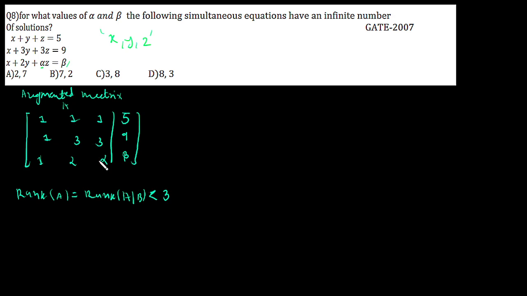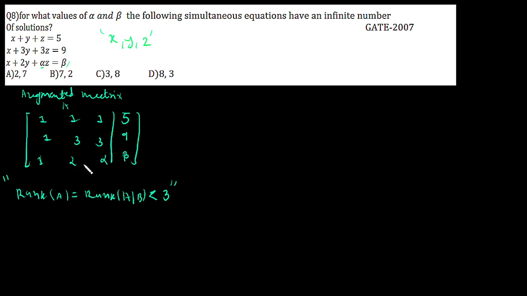So z is the free variable and z can take any real value, and according to that I can get the values of the other variables. In this way we are getting infinite solutions, because at least one variable is free, and the free variable may take any real value.